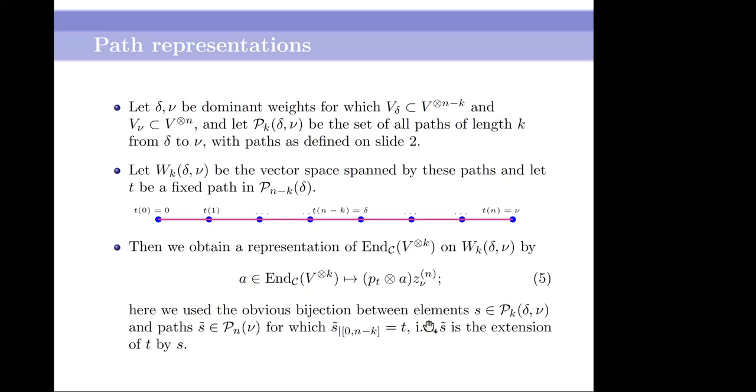And here this will act on Wk delta mu, where we will of course think of every path in Pk delta mu as the extension of it by t. In other words, we start from 0 to delta by t, and then we think of it as extended from delta to mu. And we can use this to act on these paths. So we obtain a representation.